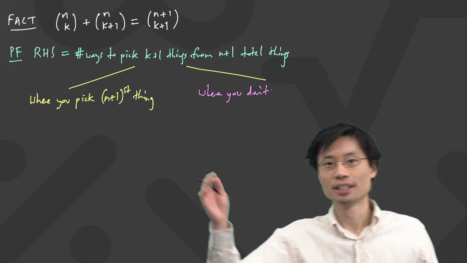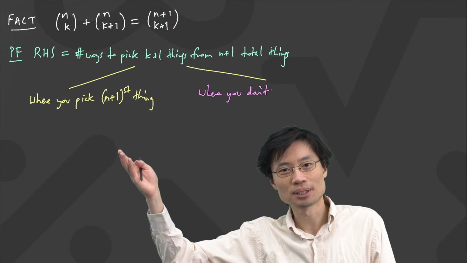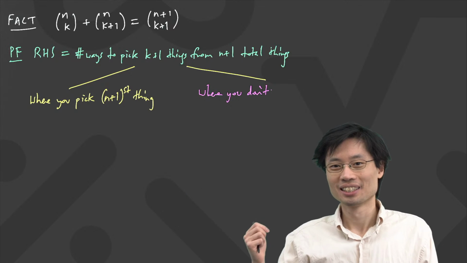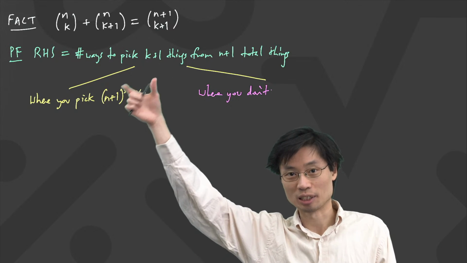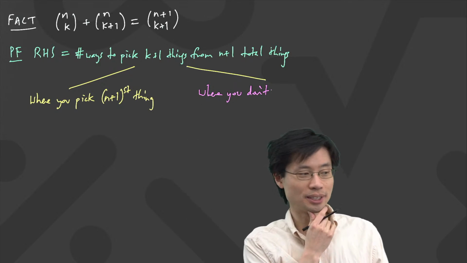It's pretty clear that if you're going to pick k plus 1 things, you're either going to pick the n plus first thing or you're not. So that has split into two disjoint things, and between them you've covered every possibility.